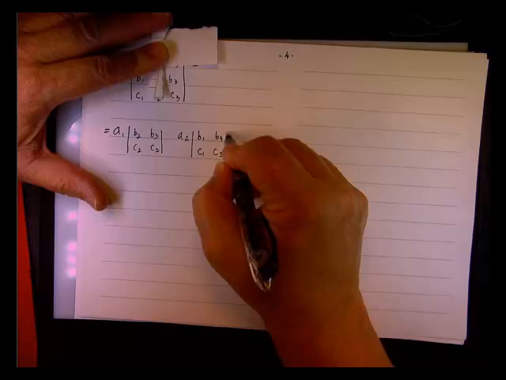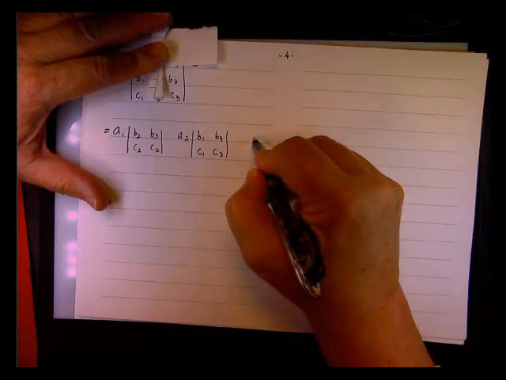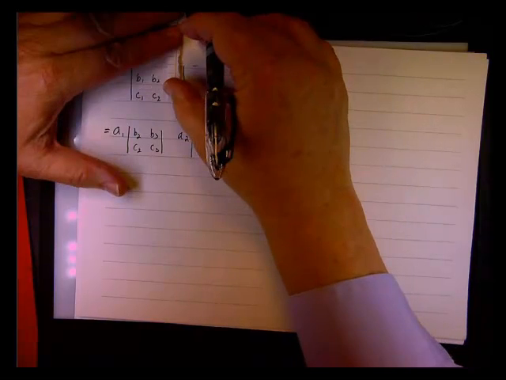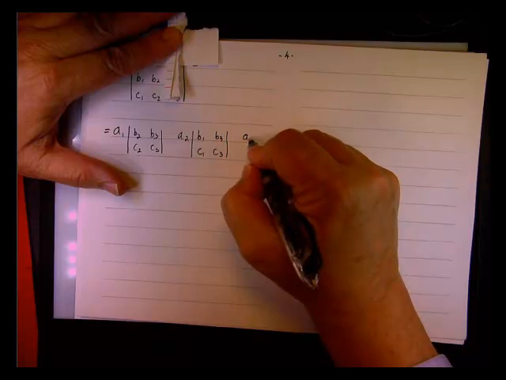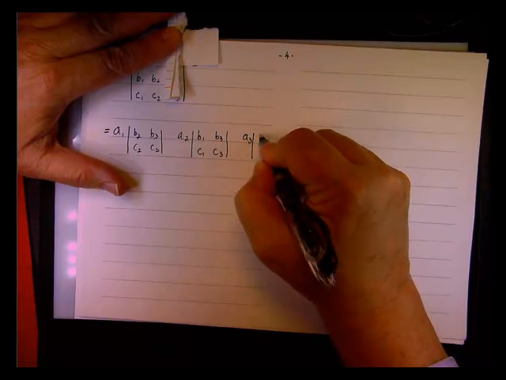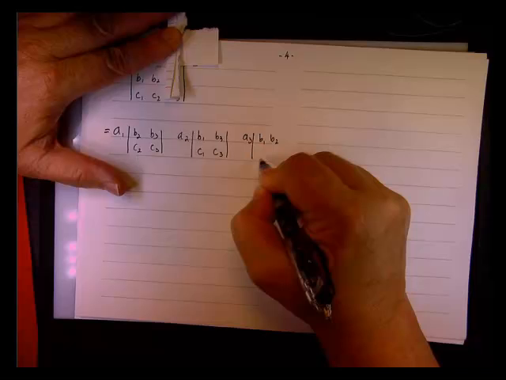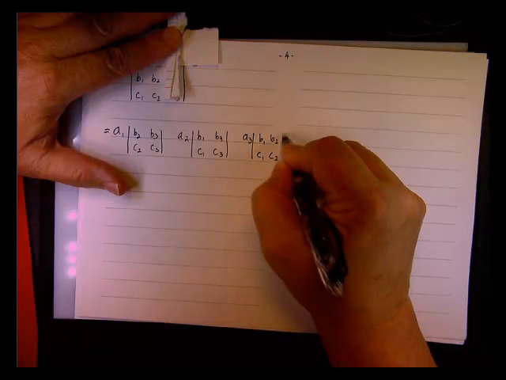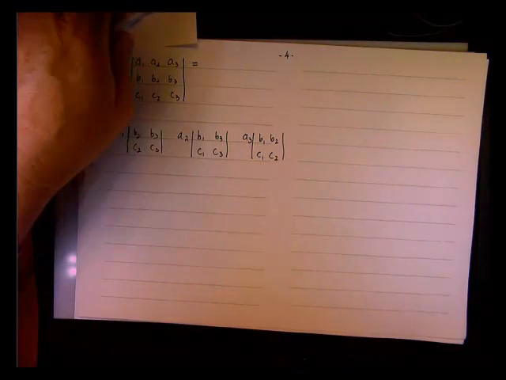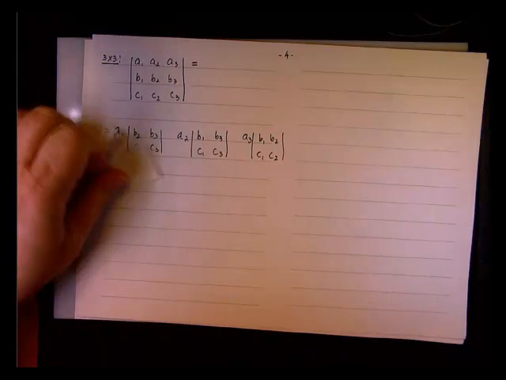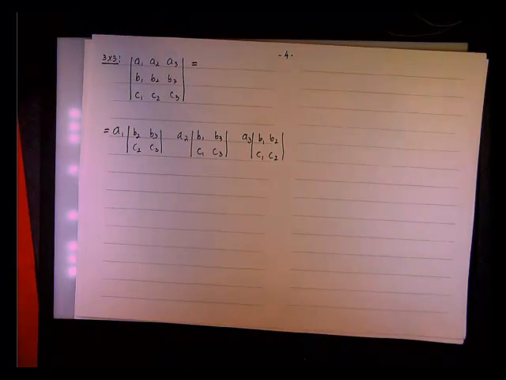Notice that I didn't put plus and minus here. I'll talk about it in a minute. What I see is B1, B3, and C1, C3. And then I have A3, so I cover A3, and what I see is B1, B2, C1, C2, like so.